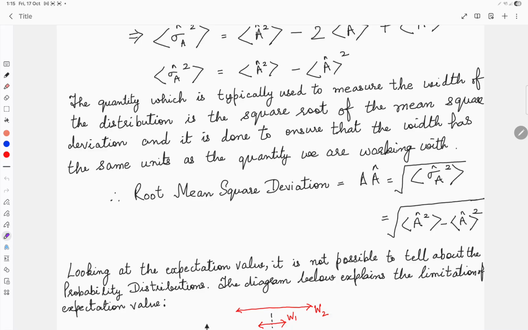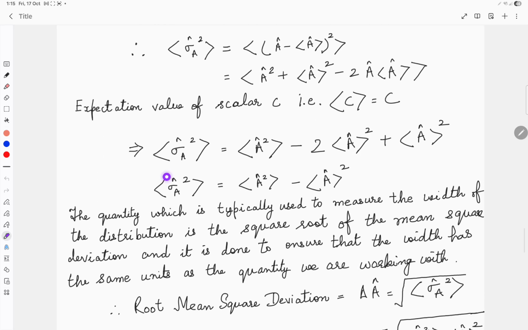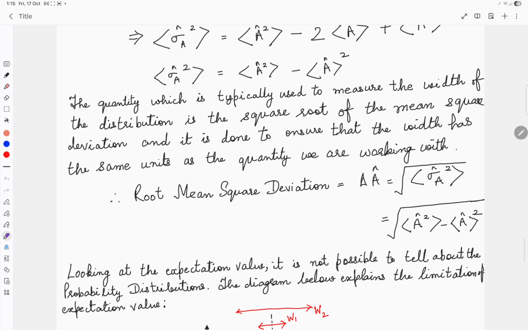The quantity which is typically used to measure the width of the distribution, so therefore it is the mean square deviation, but the quantity that we actually use in the measurement of the spread is the root mean square deviation.